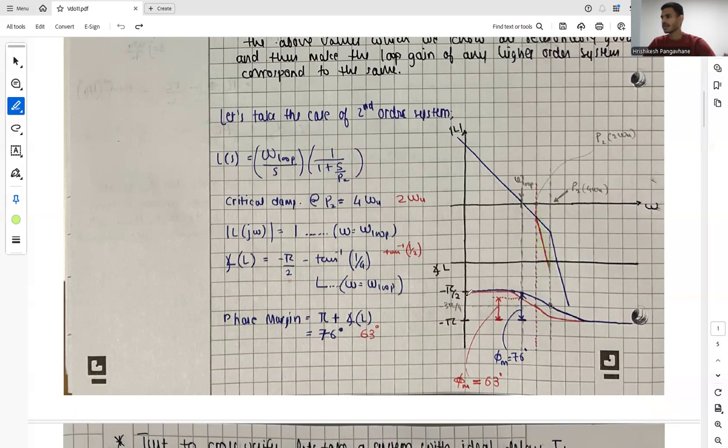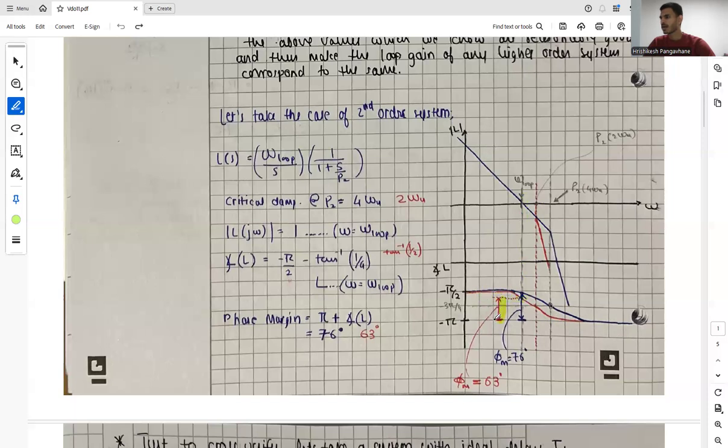And its phase basically starts from minus pi by 2, and initially it starts lagging before the point of p equals to 4 omega, and it goes to minus 3 pi by 4 earlier, and then it again goes to minus pi.